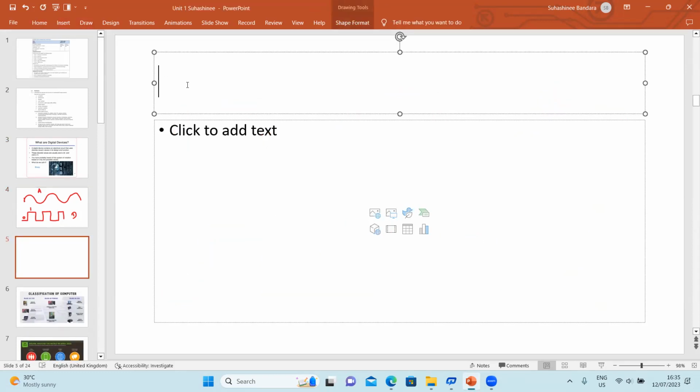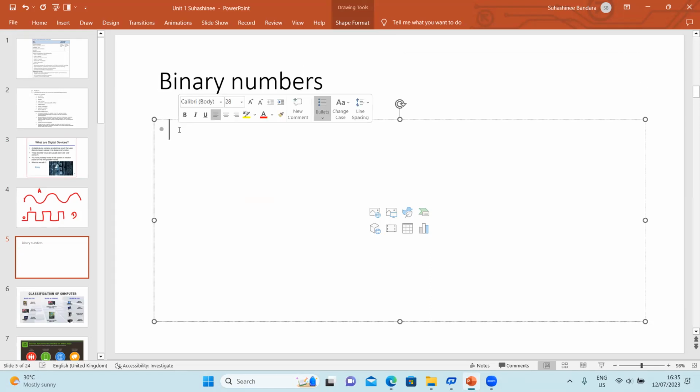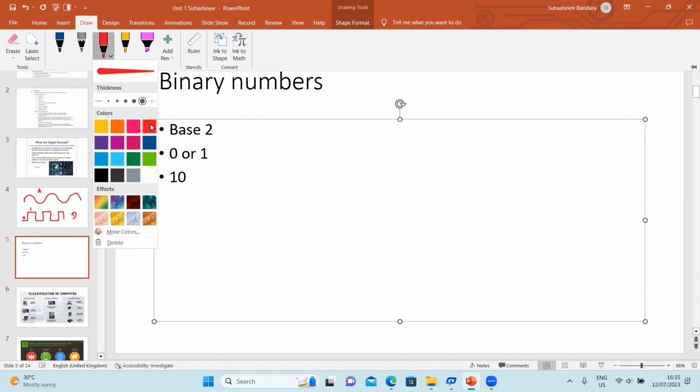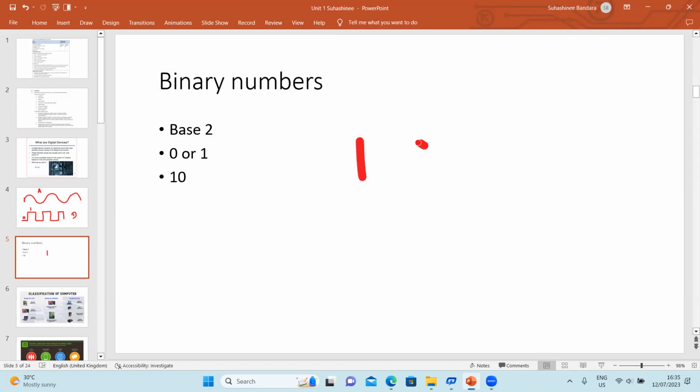So binary numbers are base 2, and we get 0 or 1 values. If I write 1, 0 base 2, we call this the number 1, 0.